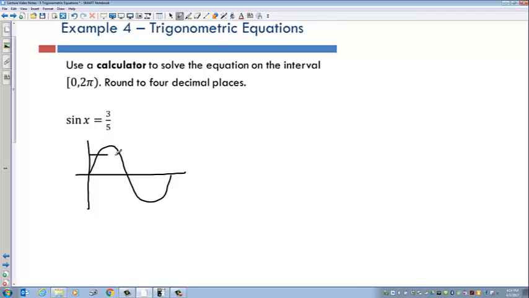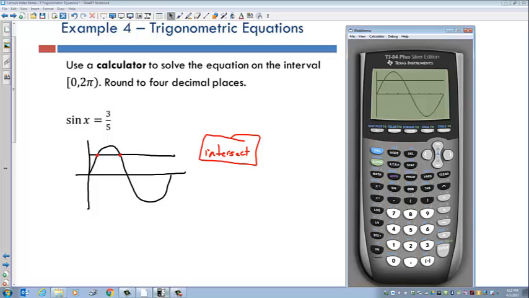And I want to find where these two graphs cross. Namely, I want to find these 2 points. Right here and right here. And you do that with your calculator by using a button called intersect. And so if you remember, you just hit second trace to pull up the calculate menu and then go down to number 5.